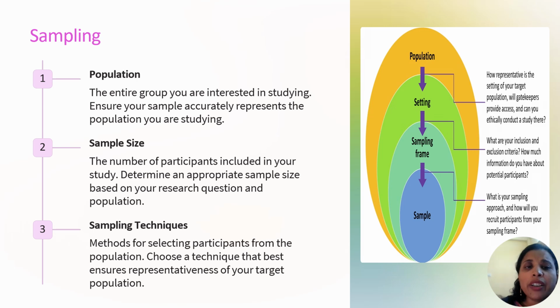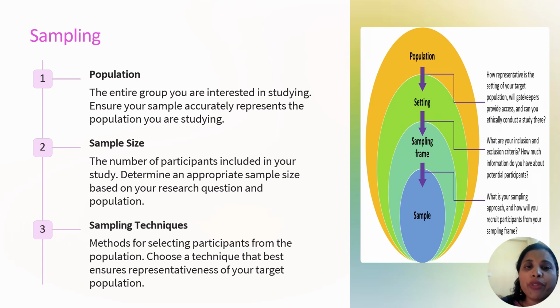Then I have to define how big this population is, and do a very meticulous selection of these people and come up with a sample size, that is, how many people I will study from the vast universe of available population.